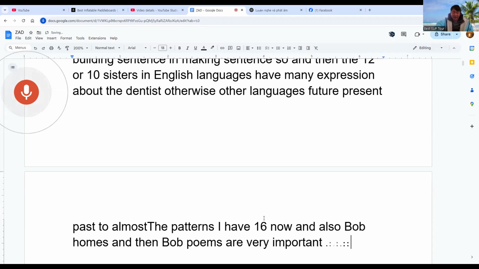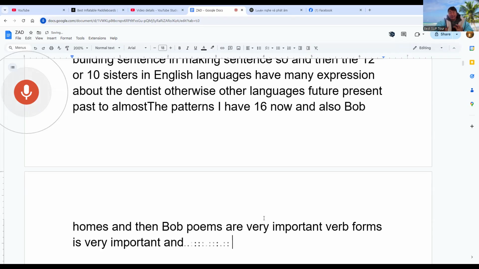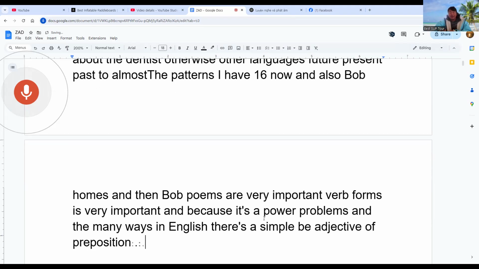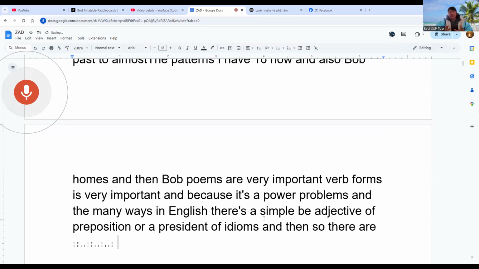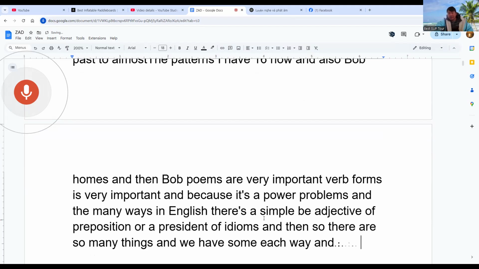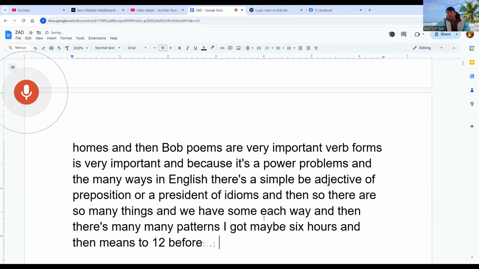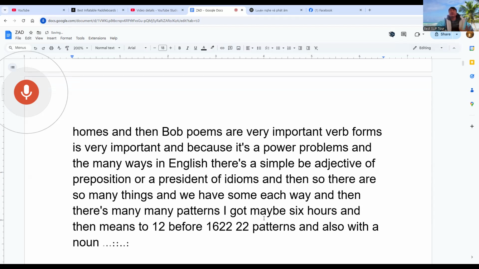There are many ways in English: a simple be verb, adjective, preposition, phrasal verb, idioms, so there are so many things, and each way has many patterns. I got maybe 6, or 12, 16, 22 patterns, and also with noun forms. A noun form is very important.